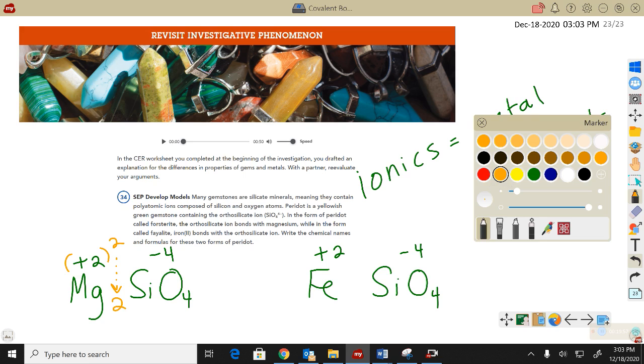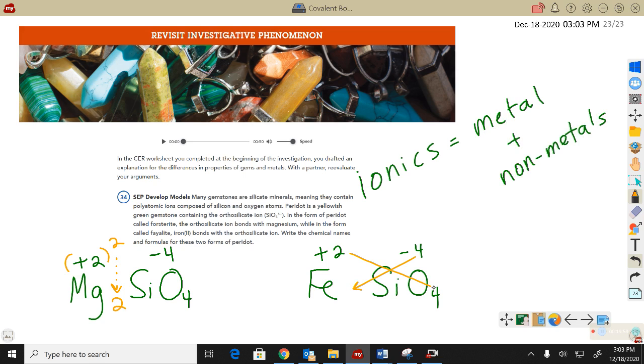And so now here, if you're a crisscrosser, you would just have to be careful, because if you crisscross a 4 and a 2, I would need to simplify those. Or if I left it like that, I would need parentheses around the SiO4. So now I would need to simplify that, and my formula then should be pretty similar.